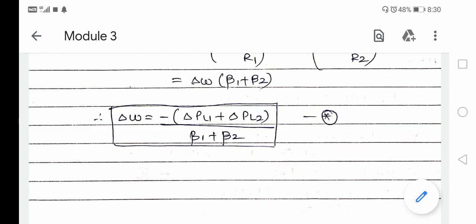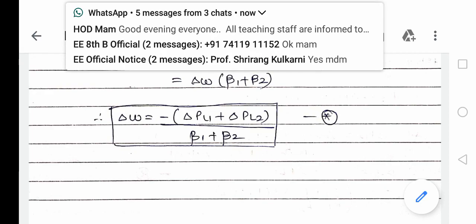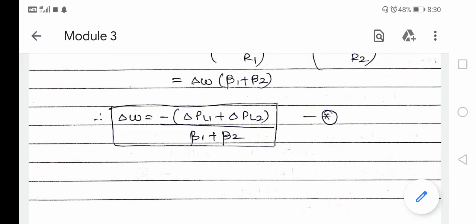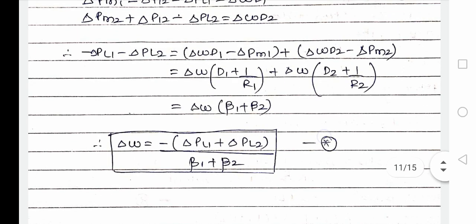For area number 2 it is minus delta PL2 divided by beta 1 plus beta 2. But if you combine both the load changes in area number 1 and area number 2, then it will be minus of delta PL1 plus delta PL2 divided by beta 1 plus beta 2. So this is the derivation we have for the tie line flow with respect to the two area system. Thank you.